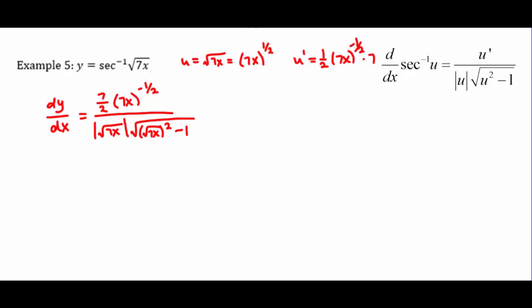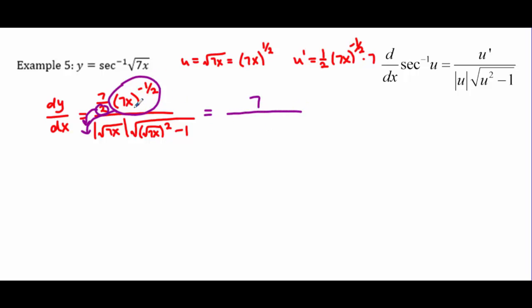Now, we're going to be able to do a number of things here. Like, I can move the 2 down to the bottom. I can move this whole thing to the bottom to give it a positive exponent. And then I don't actually need the absolute value bars around square root of 7x, because no matter what I plug in for x, I have a positive square root. So the only thing I'm going to end up with on top is 7.